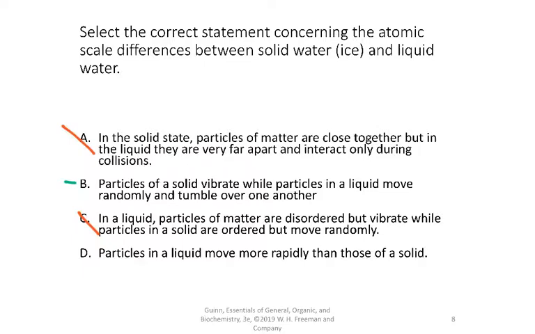And D, particles in a liquid move more rapidly than those of a solid. Well, they're not. B is the best answer. Particles in a liquid don't move rapidly at all. Gas particles move rapidly. Particles in a liquid just kind of tumble over each other. And so the answer is B. Particles of a solid vibrate, while particles in a liquid move randomly and tumble over one another.